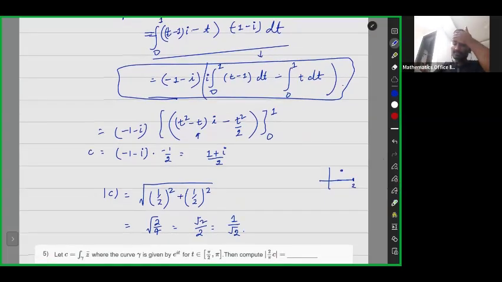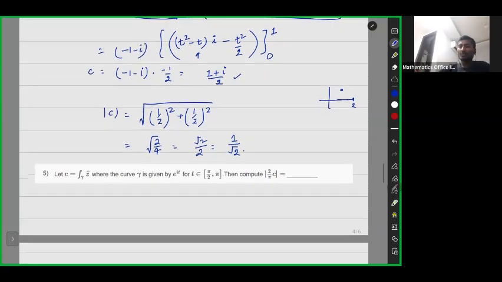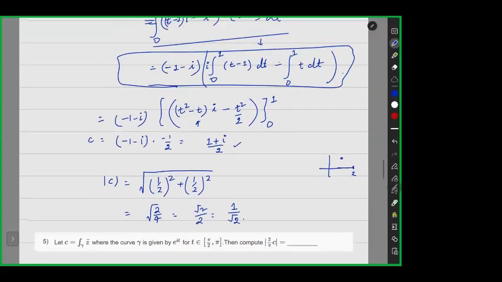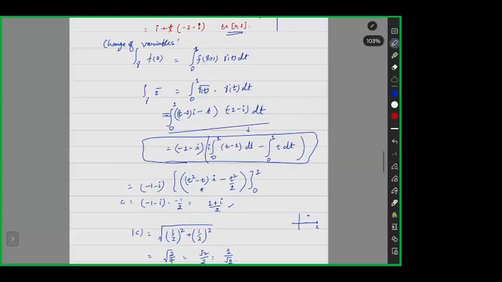So the first integral becomes 0 because t square minus 2t is 0 at 1 also, and 0 at 0 also. So we only have minus 1 by 2 as our solution. Minus 1 by 2 multiplied here, we get this, and fine. So I hope this is correct. You also solve with me. I don't think there's any mistake.